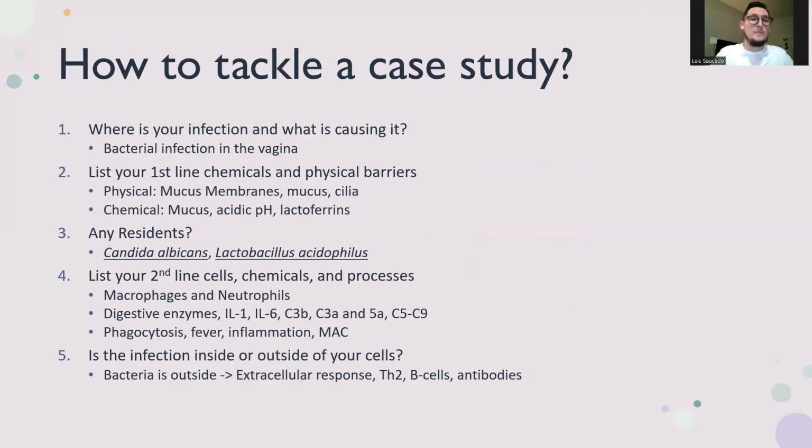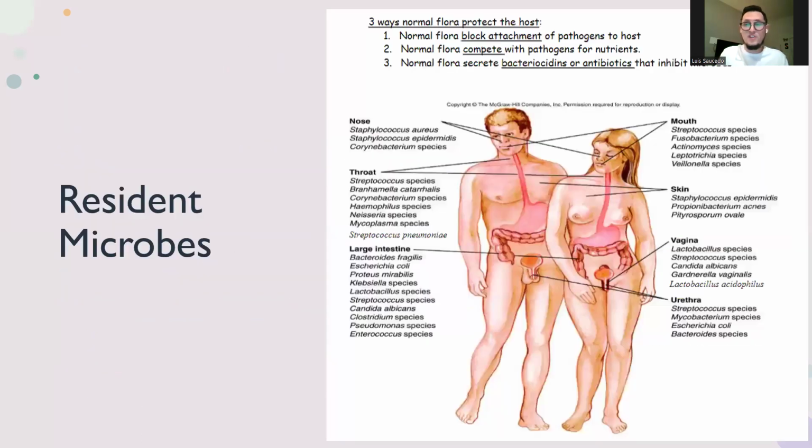Okay, so third step, are there any residents involved in that area? If I had said I've got a cut, a bacteria on my skin, I've got Staph epidermidis that can be there to help me out. In the vagina, I simply picked out Candida albicans and Lactobacillus acidophilus. Again, these are very specific. It goes back to this page here.